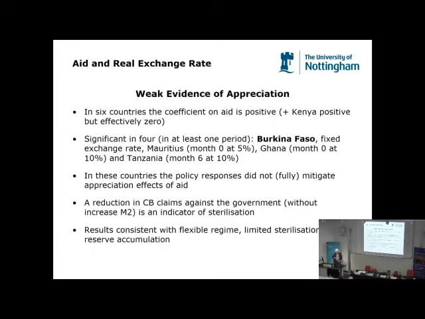So, to summarize the results, in 6 of the 10 countries, the coefficient on aid is positive. It's also positive in Kenya, but effectively it's 0. But it's only significant in 4 of those countries, and even for 3 of them, it's only in 1 of the periods.